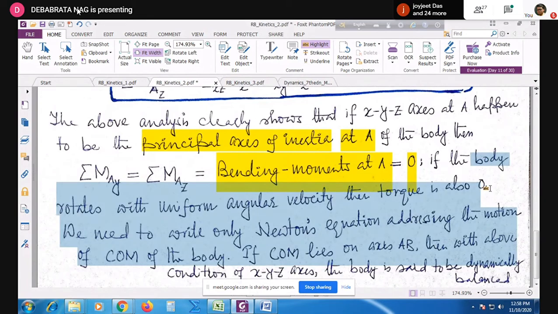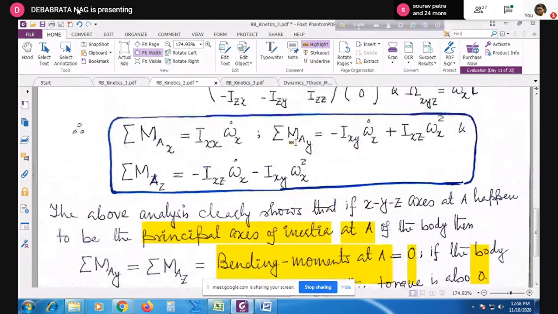তার কারণ আমাদের you see if the axes are principal axis of inertia, তাহলে তো এই মোমেন্ট দুটো তো 0 হলোই, and we have only non-zero moment, that is about the x-axis or the torque.